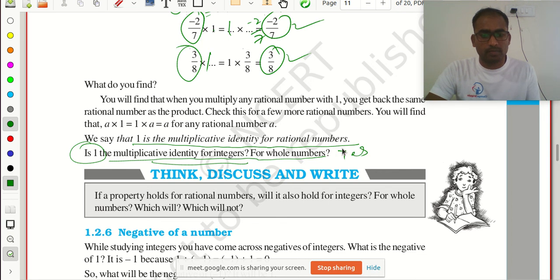Yes. Do you understand the importance of additive identity and multiplicative identity, and the difference between them? Is this clear?